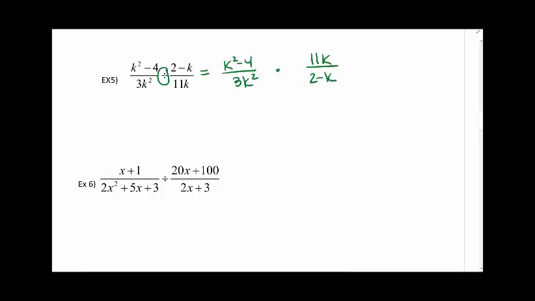So it becomes 11k over 2 minus k. Now it's multiplication. Now I factor every piece and cancel like factors. So in the numerator here, that is a difference of squares. K minus 2, k plus 2.